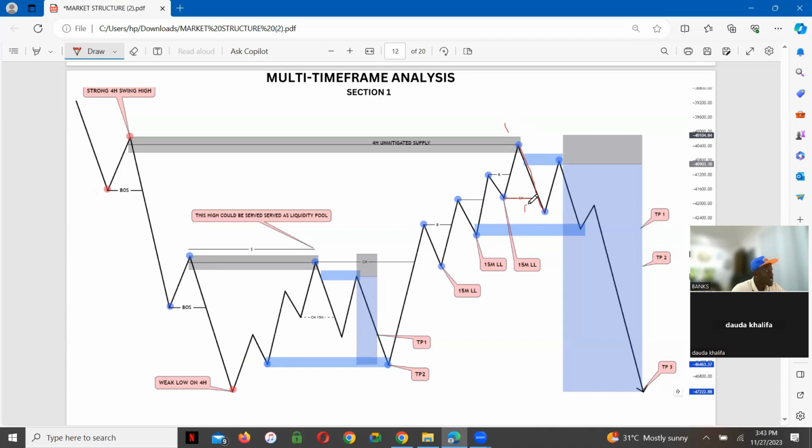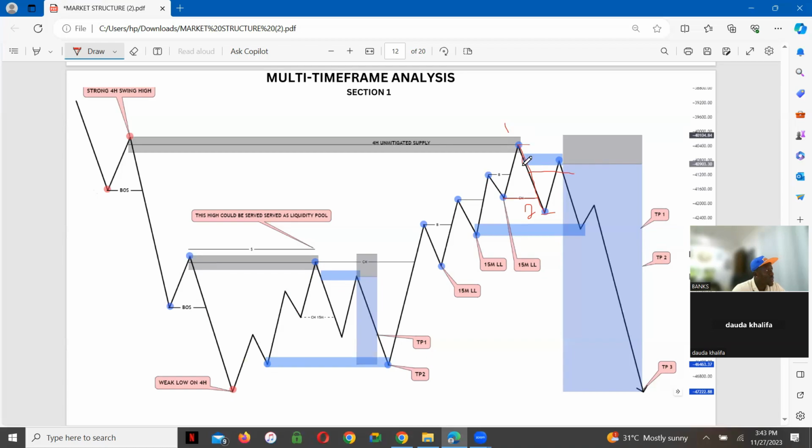Second confirmation, price giving us a change of character. That means our short-term uptrend has realigned with our long-term downtrend. And our third confirmation, we plot our premium and discount tool here. We wait until price gets all the way up into our premium level. Then we find our entry.